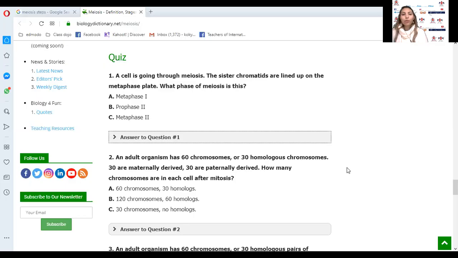How many chromosomes are in each cell after mitosis? Again, read it again. Adult has 60 chromosomes or 30 pairs.